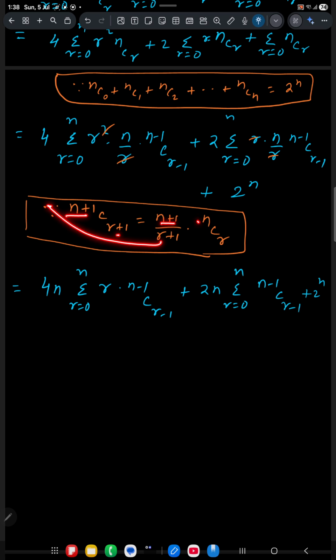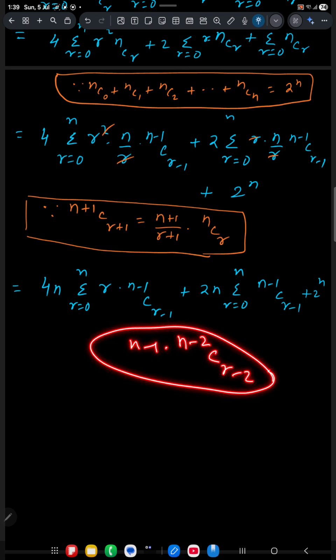It means 1 less than. So here when I use r minus 1 plus 1, then what you see? (r minus 1)(n minus 1)C(r minus 1) will give you what? (n minus 1) into (n minus 1) into (n minus 2)C(r minus 2).